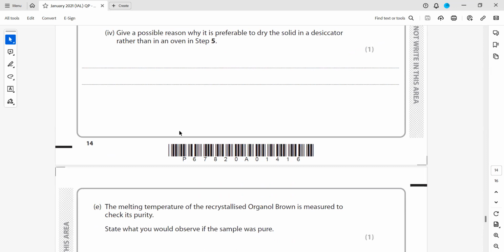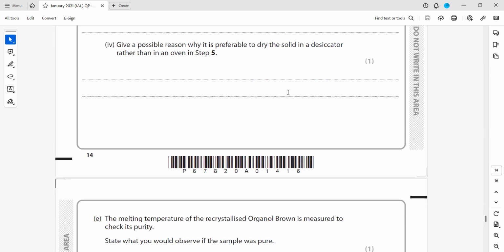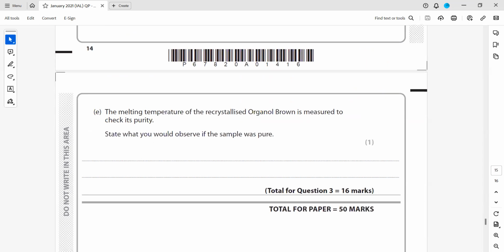Give a possible reason why it is preferred to dry a solid in a desiccator. Usually the substance might decompose on heating, so we prefer to use a desiccator for that. And the melting temperature of the recrystallized Orange brown is measured. State what you would observe if the sample was pure. It will have a reduced range of melting point, or a sharp melting point. You can mention a small range because practically it's not 100% pure.